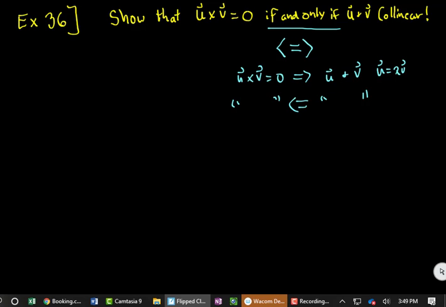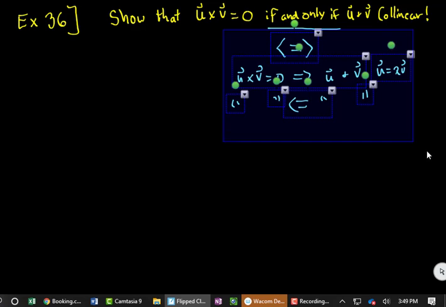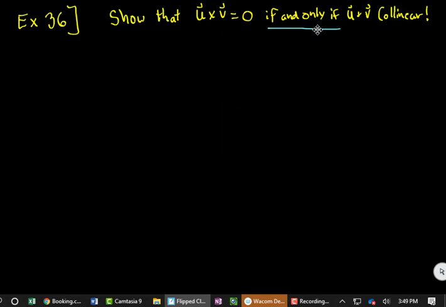So let's go ahead and get rid of this, give me some room, and then we're going to start with this one here. If this is true, we're going to show that it is in fact collinear.